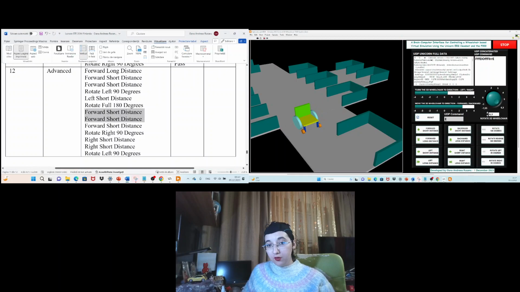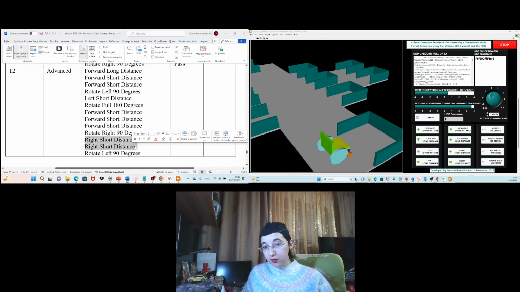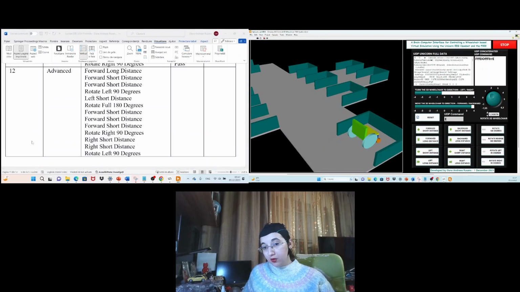Yes, then forward short distance 3 times. Okay, after that rotate right with 90 degrees. Okay, then right short distance 2 times, and finally rotate left with 90 degrees.